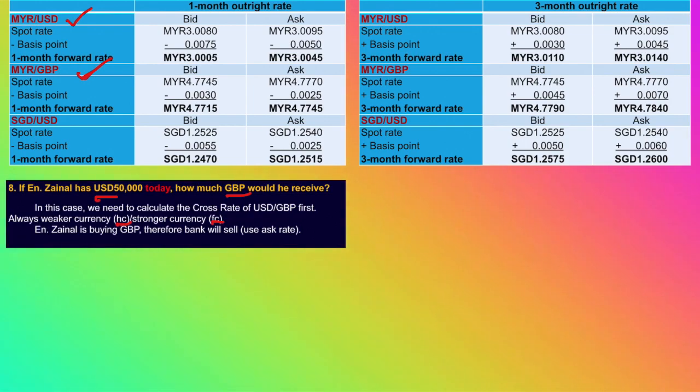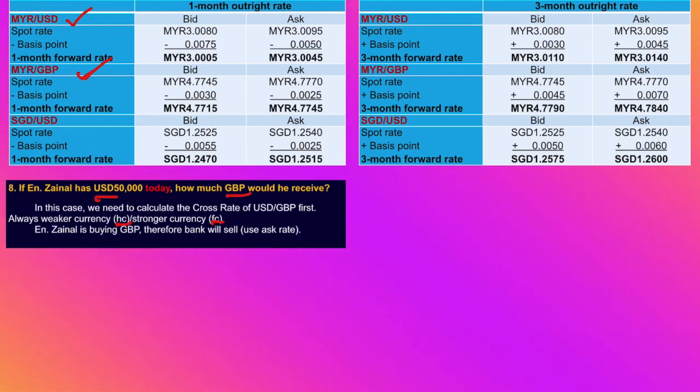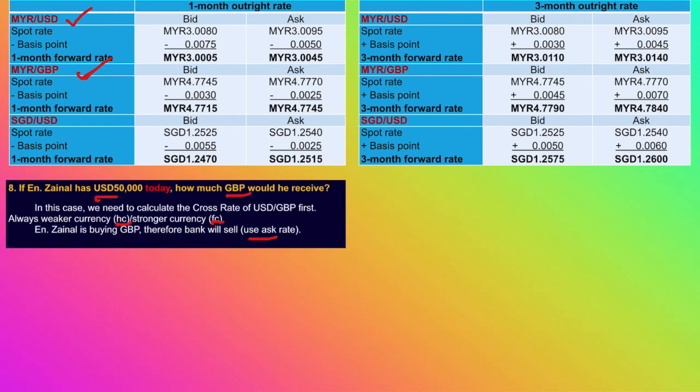So USD GBP, home currency over foreign currency. Encik Zainal is buying GBP, therefore the bank will sell GBP, use ask rate. So US dollar GBP, this one is home currency, this one is foreign currency.